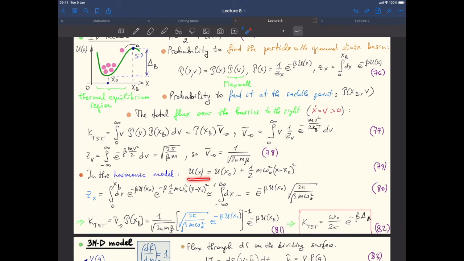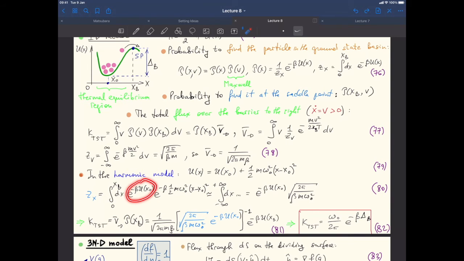So this is what we do. We write u of x like this. This is the value of the potential energy surface exactly at the minimum, plus a parabolic term. Of course, there is no linear term here because it's a proper minimum around which we expand. So we substitute this u of x in our integral here, and this is what we get.